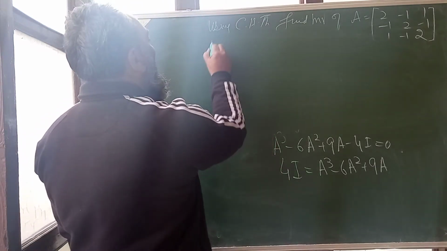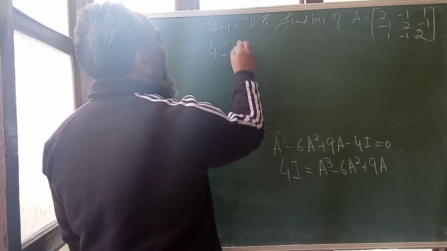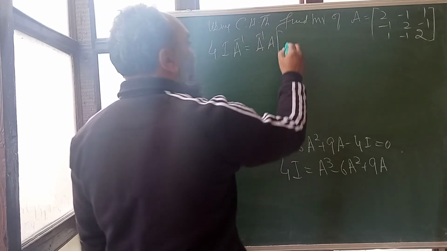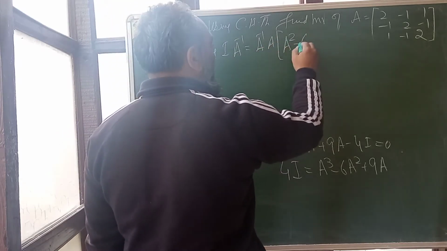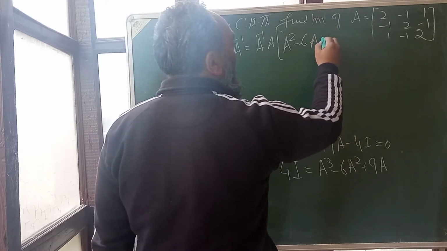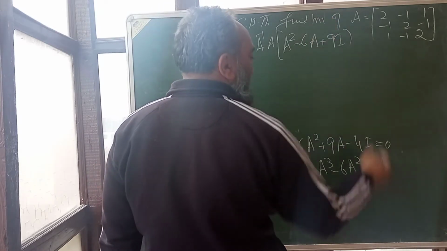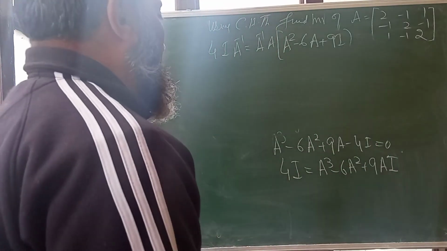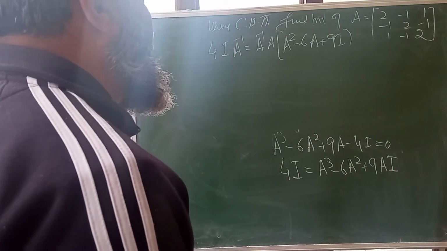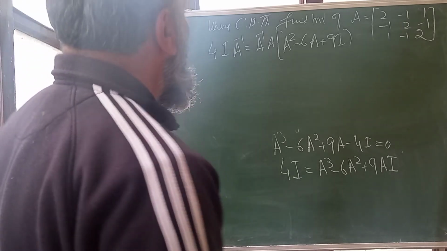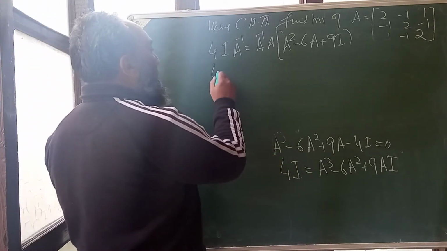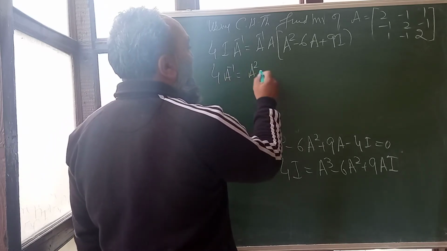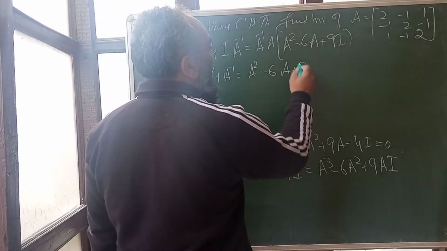Or 4I into A inverse is equal to A inverse into A square minus 6A plus 9I, because you can always write A as A into I. Okay, so 4 A inverse is equal to A square minus 6A plus 9I.